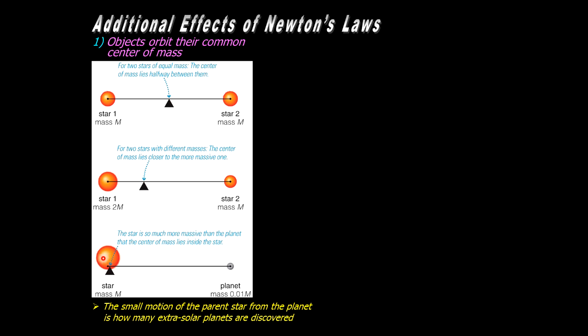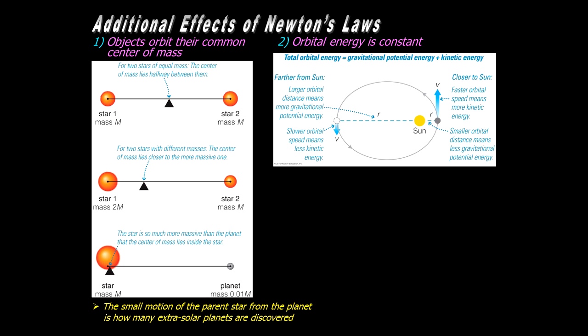The parent star actually orbits this point, so it wobbles around that point a little bit, and that's a means by which the existence of extrasolar planets is discovered, using the Doppler shift of the star wobbling back and forth.